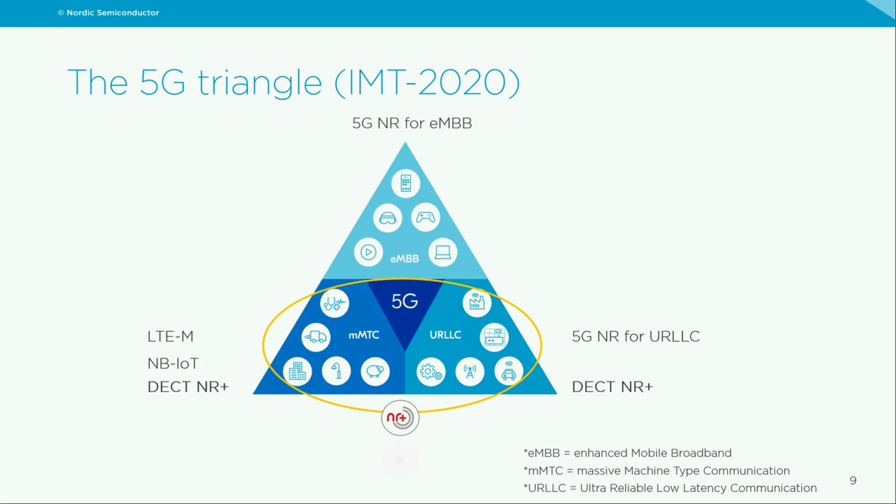And what NR Plus is designed to achieve, and has been approved now in ITU as part of 5G, is that it's approved technically, saying that this technology, this radio standard, is technically capable of solving the use cases and the requirements set for MMTC and URLLC. And this is what means that when we talk about NR Plus can scale to millions of devices in a square kilometer, that's exactly what MMTC is designed to do.